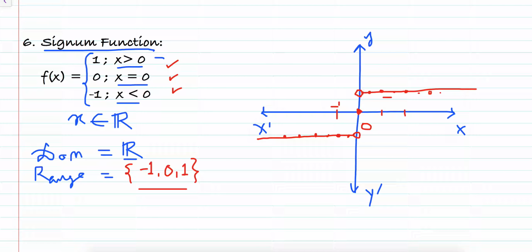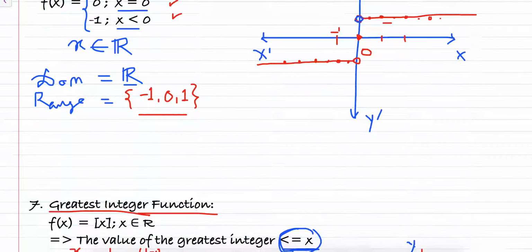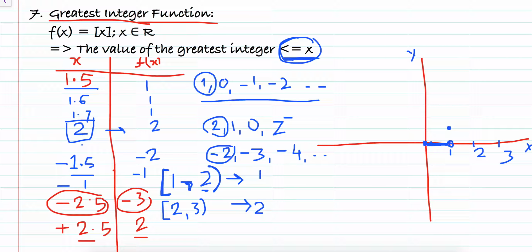So here we have drawn a hollow circle, which means that at this point its value is not this. So similarly from 0 to just before 1, it's 0, but at 1 it's 1. Similarly from 1 till this point 2, its value is equal to 1, but exactly at 2 it's not 1, it's 2.